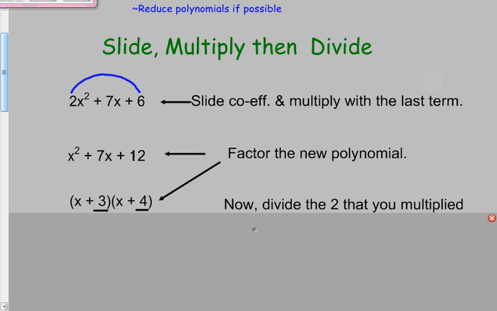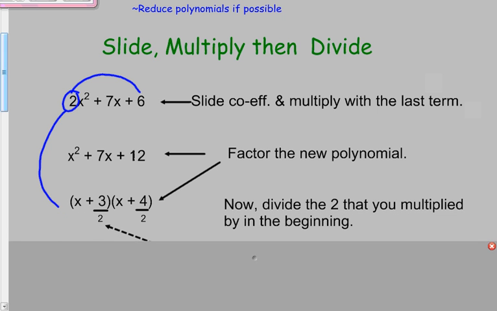Once we've factored that into our two binomials, the number that we slid and multiplied will now come down here to divide. That's where the slide and then the divide comes in. So you're going to divide it into the last term of each binomial.